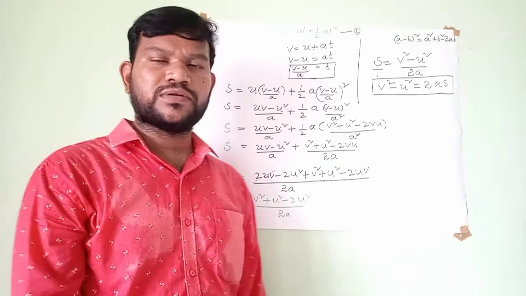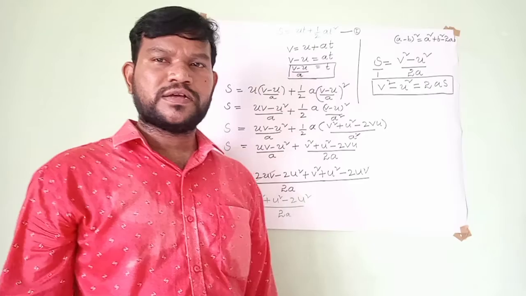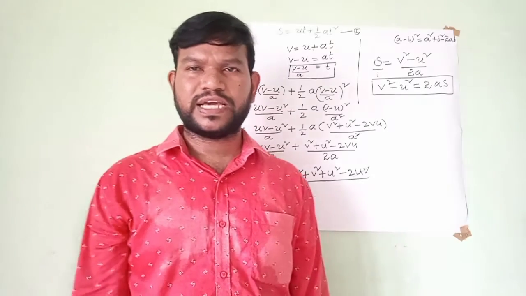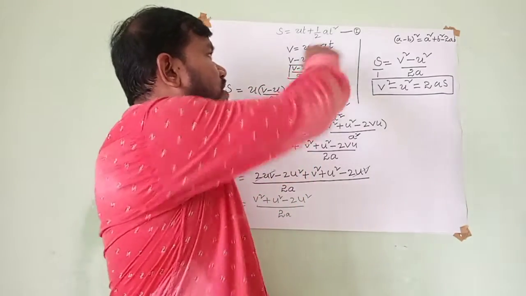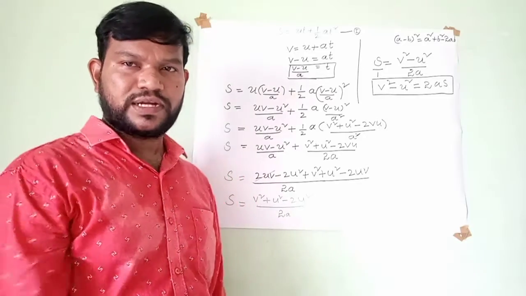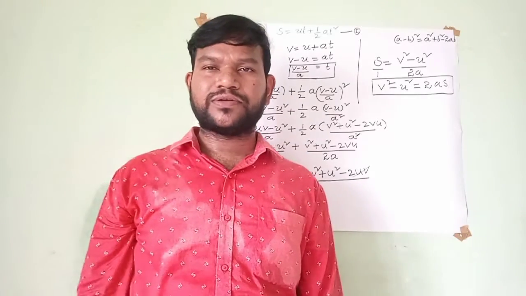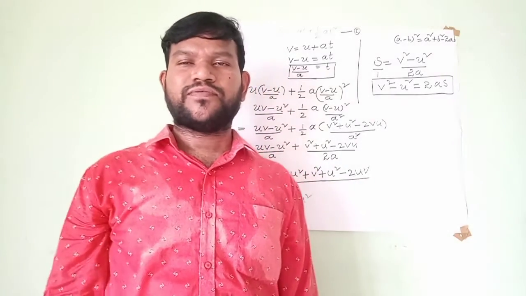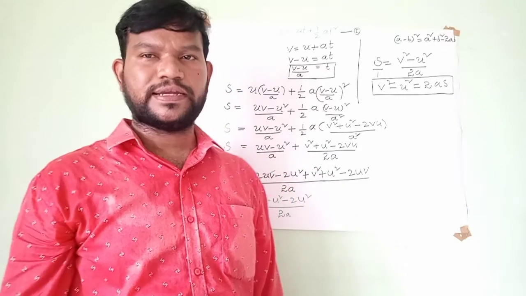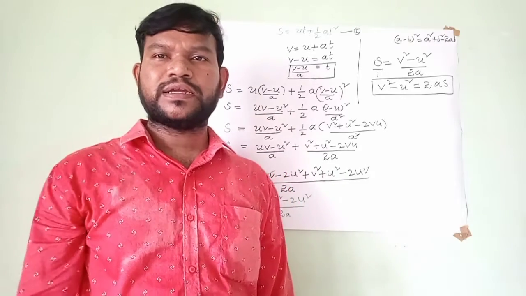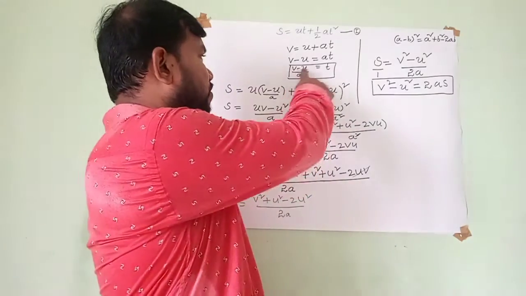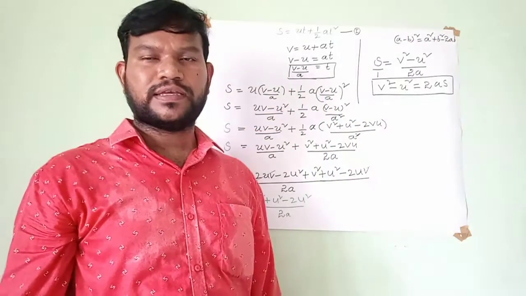According to the second kinematic equation, s is equal to ut plus half at square, and according to the first kinematic equation, v is equal to u plus at. Now t is equal to v minus u by a.